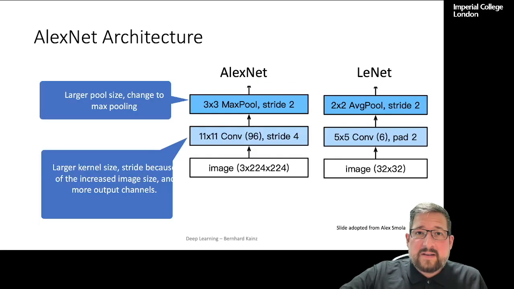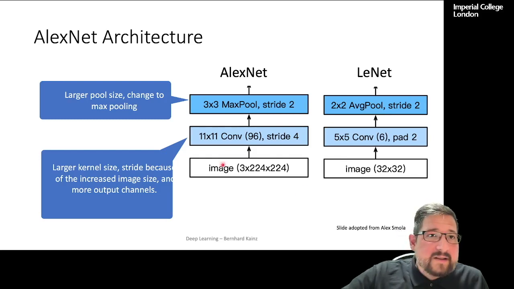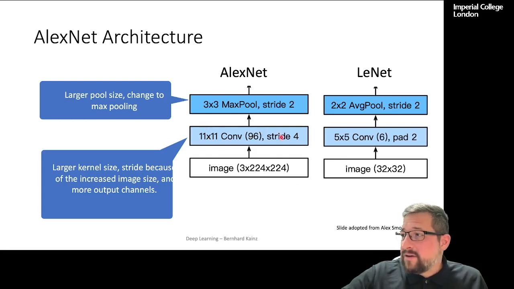But still, nowadays, probably very few people would use AlexNet. So this is just a summary of what I just said. AlexNet uses larger kernels and larger images, and uses max pooling instead of average pooling. You don't need to memorize this by heart. It's just that people were experimenting with this and that, and had some hypotheses, and the larger kernels here were purely rooted in the fact that the input is larger.